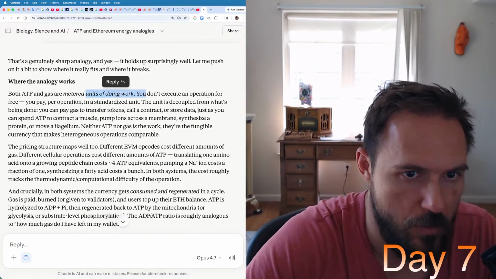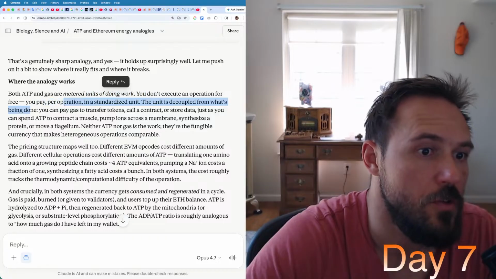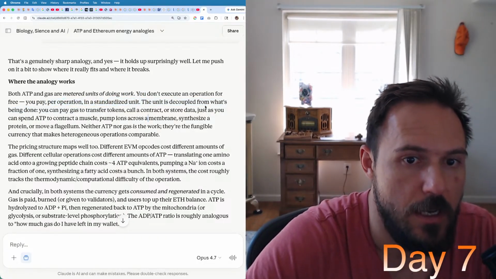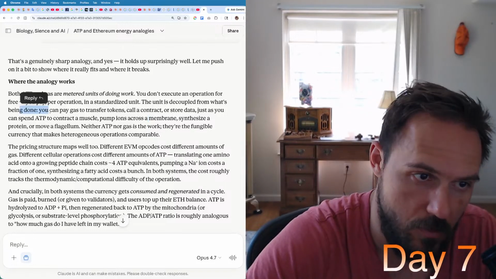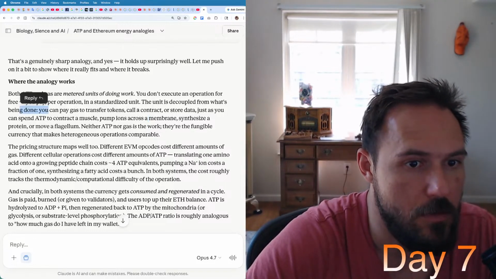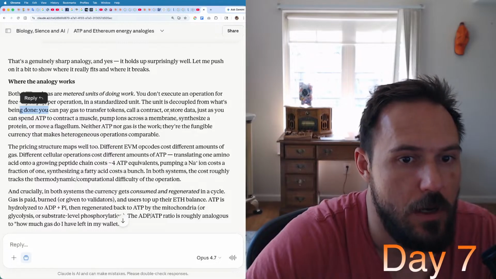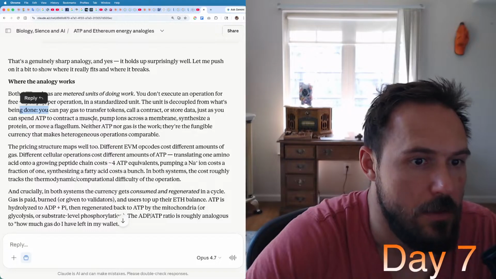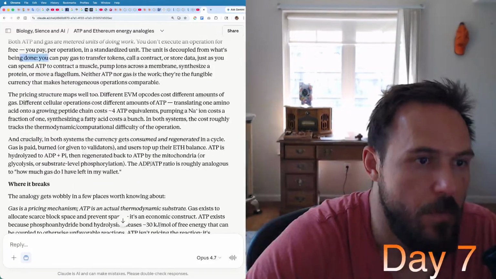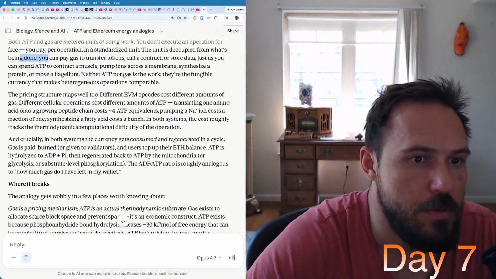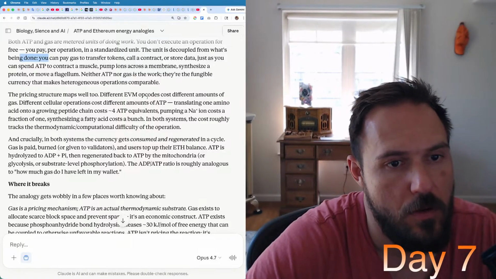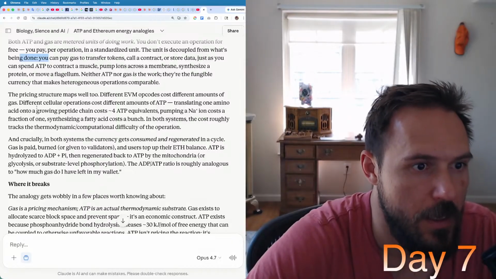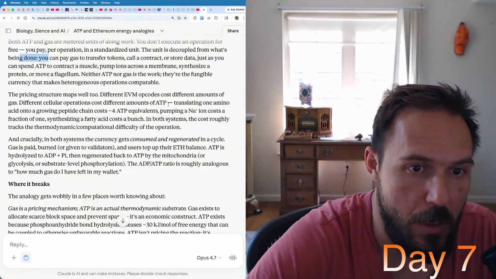Units of doing work: you don't execute an operation for free, you pay per operation in a standardized unit. Yes, the unit is decoupled from what's being done. True, you can pay gas to transfer a token, call a contract, or store data, just as you can spend ATP to contract muscles, pump ions, and so on. The price structure maps well too: different EVM opcodes cost different amounts of gas, and different cellular operations cost different amounts of ATP.